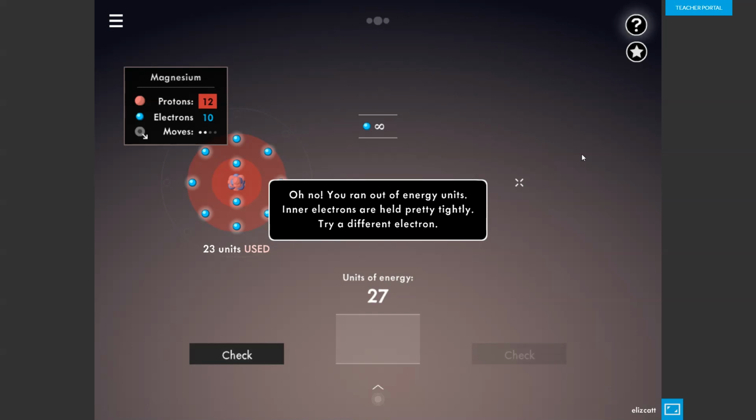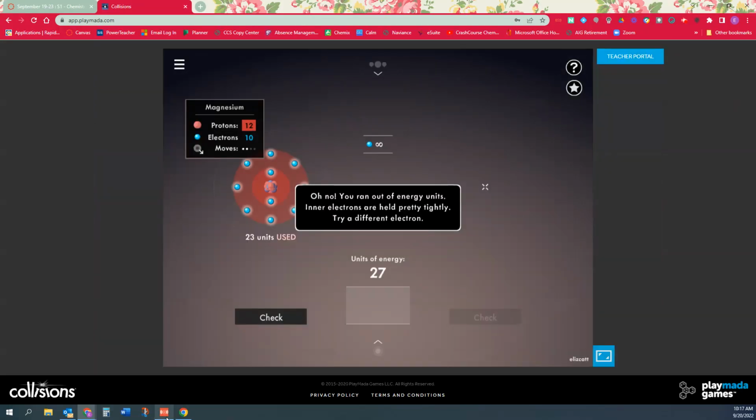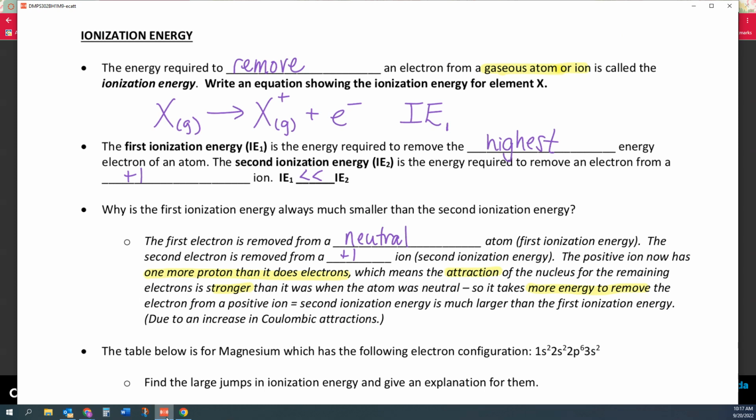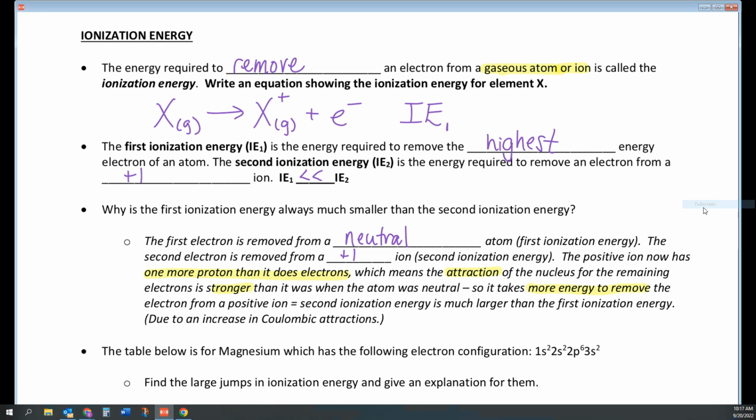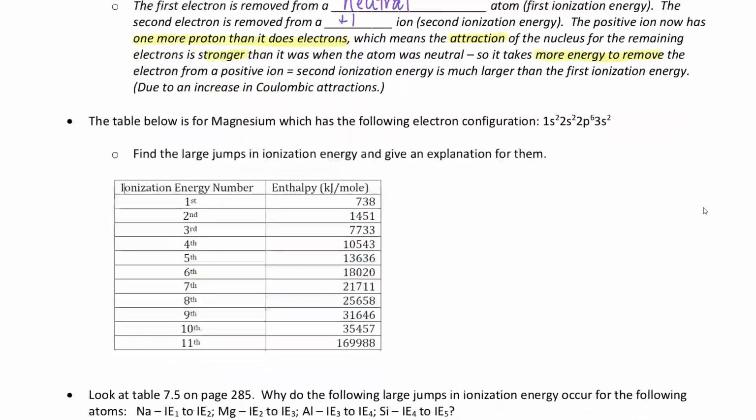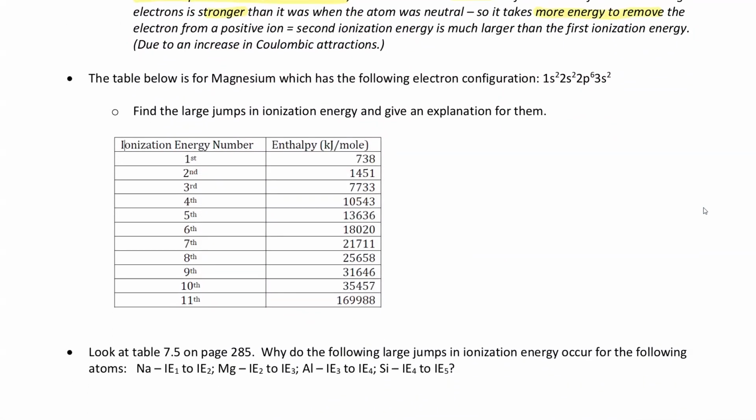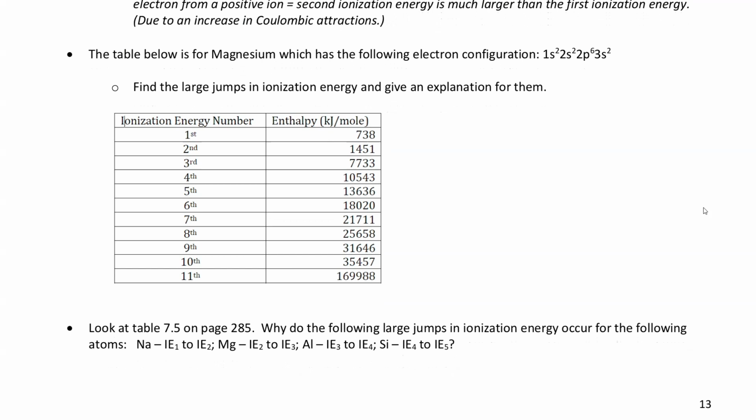Yeah? Okay, so I'm going to get out of this, and we're going to pull this back up so we can wrap this up. We just saw this. Here are our big jumps. This is for magnesium. We just saw this huge jump from 2 to 3.